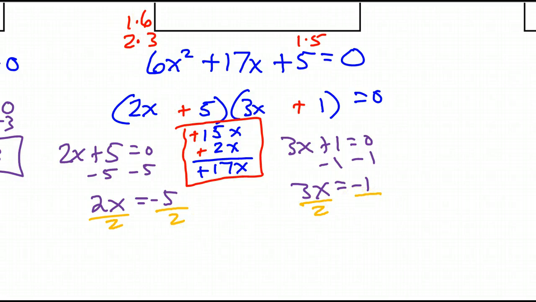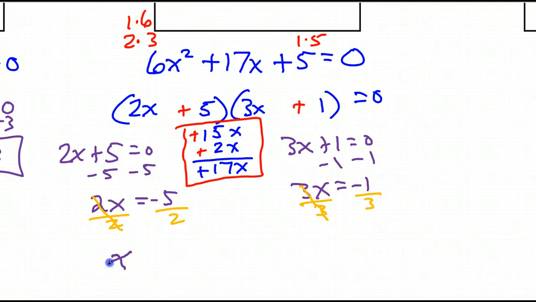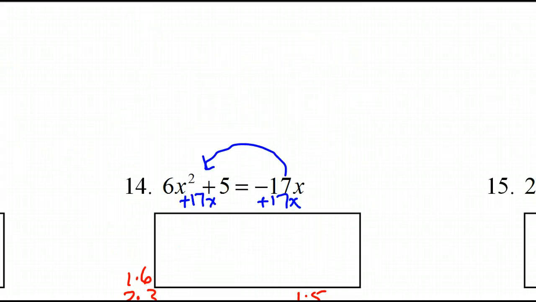Whoops, I got carried away. Okay, so that is going to give me x equals negative 5 over 2, and x equals negative 1/3. Alright, that's how you do that.